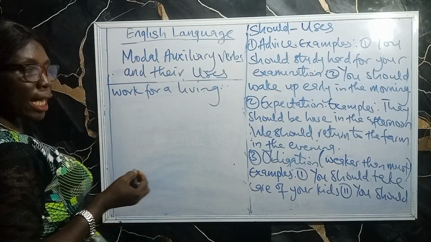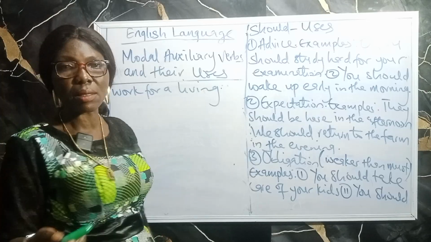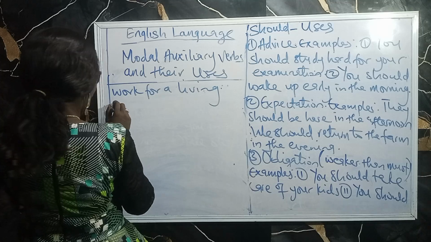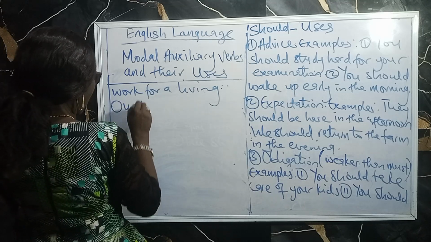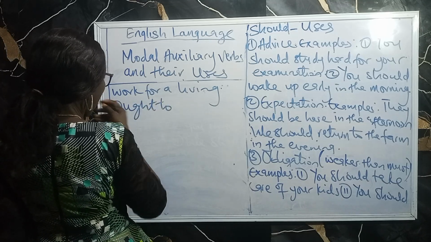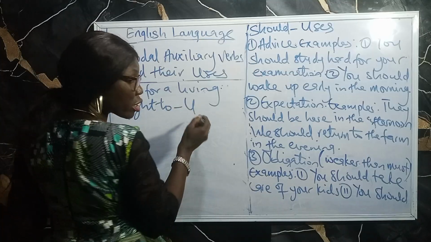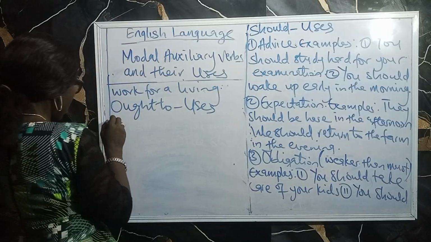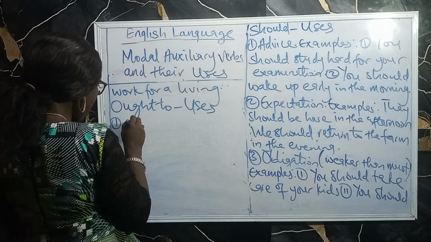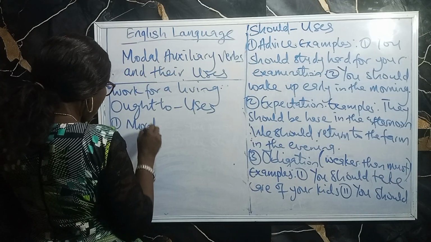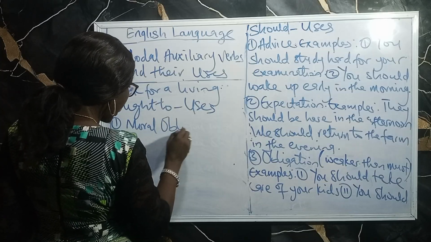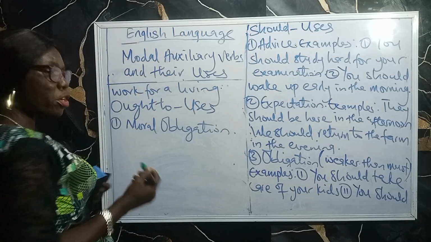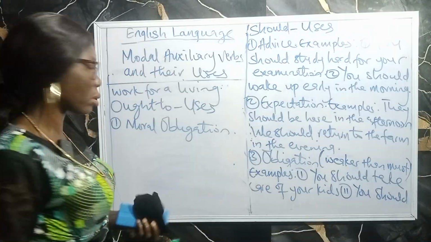Okay, so let's take the final one, and that is ought to. Let's talk about uses of ought to. One of them is moral obligation. We use it the way we use should.